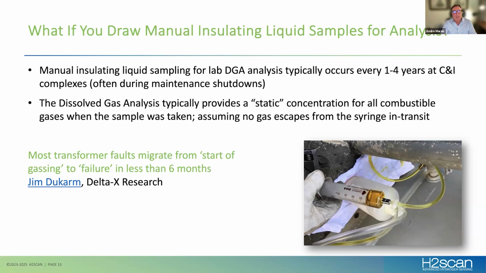And Jim Durkheim has observed that most transformer faults will migrate from the start of gassing, in other words, that first point, to a failure in less than 6 months. If you're doing annual or biannual samples, you may detect the onset of that failure, but if you're in the wrong window, you are likely to miss it.